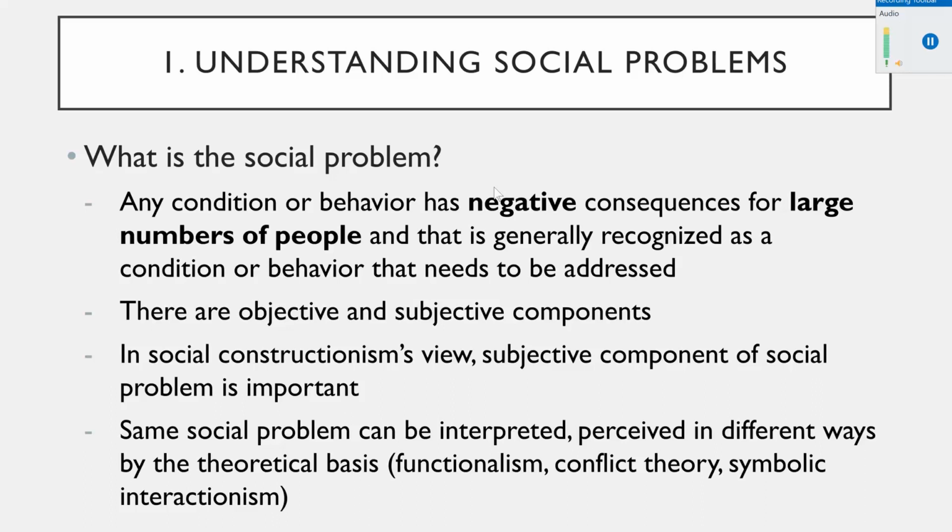And symbolic interactionism is a little far from those two counterparts, because it is a very micro theory focused on the interactions of individuals, how they communicate, and how they perceive or accept those social problems. So these are the basics of the sociological explanations about social problems.